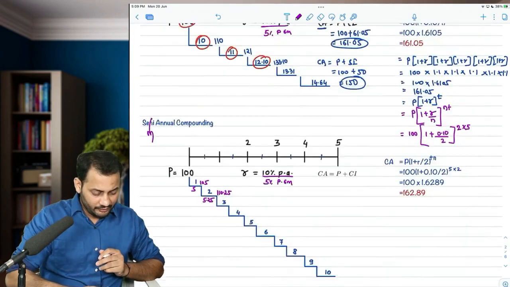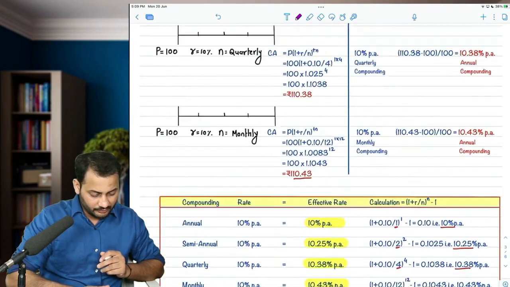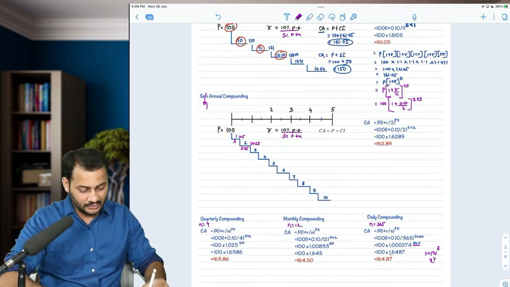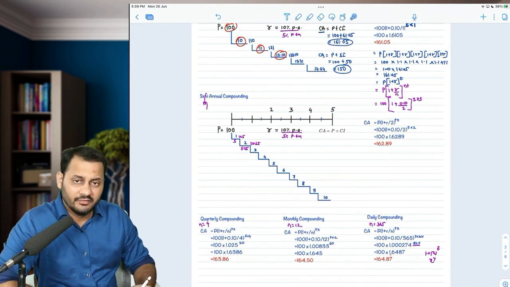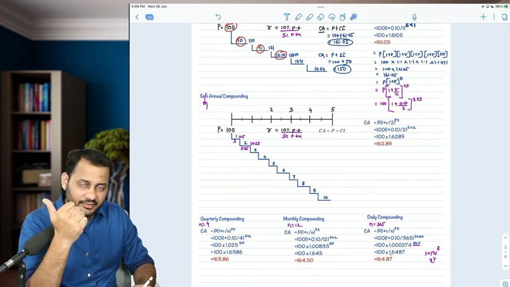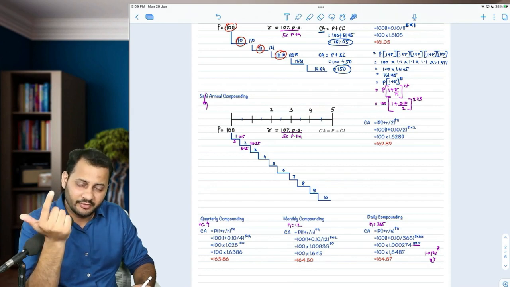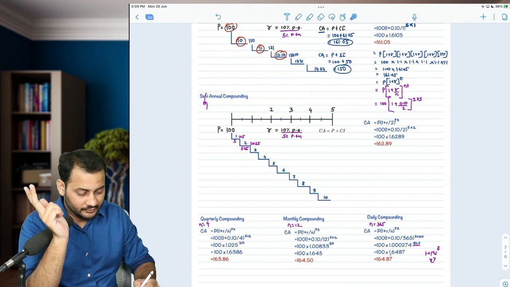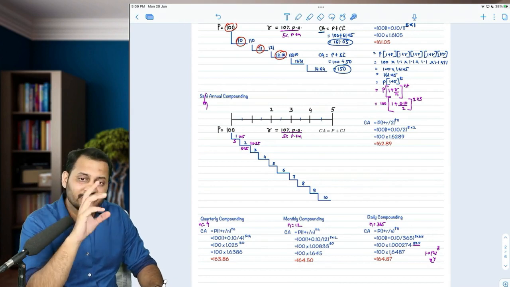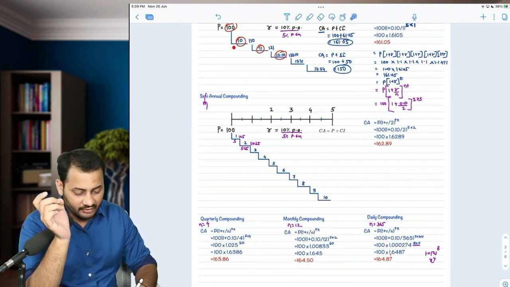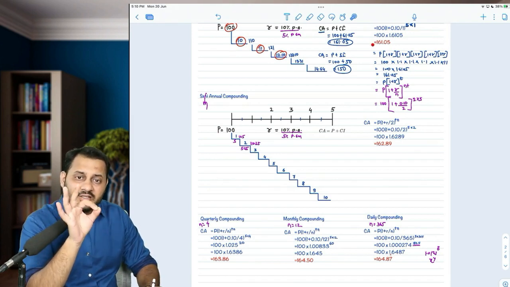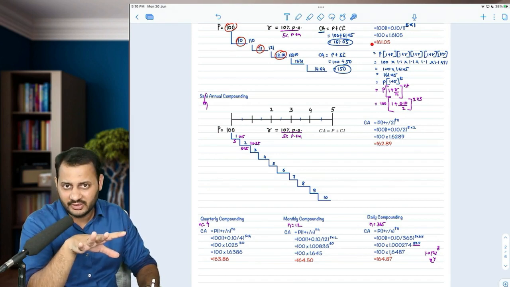Now if you have a look at the compound interest part, you will see one thing. We have invested for the same period, 5 years, the same amount, 100 rupees, and at the same rate, which is 10% per annum. But the compounding was different in every case. When the annual compounding was there, we received 161.05 at the end of 5 years.